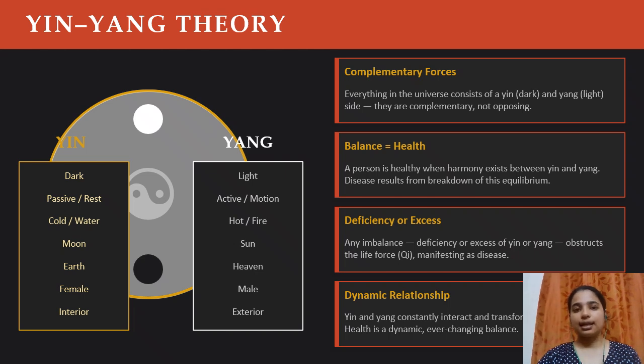It doesn't mean that the yin energy is a bad energy or the yang energy is a good energy. This simply means that energy has two forms, yin as well as yang: dark as well as light, passive or active, rest or motion, cold or hot, water or fire.